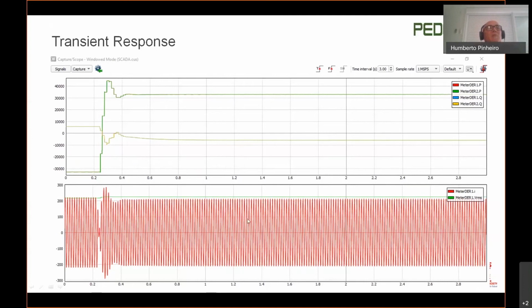The time response for the step change in the reference power is similar to what we had before for the Droop with one integrator.